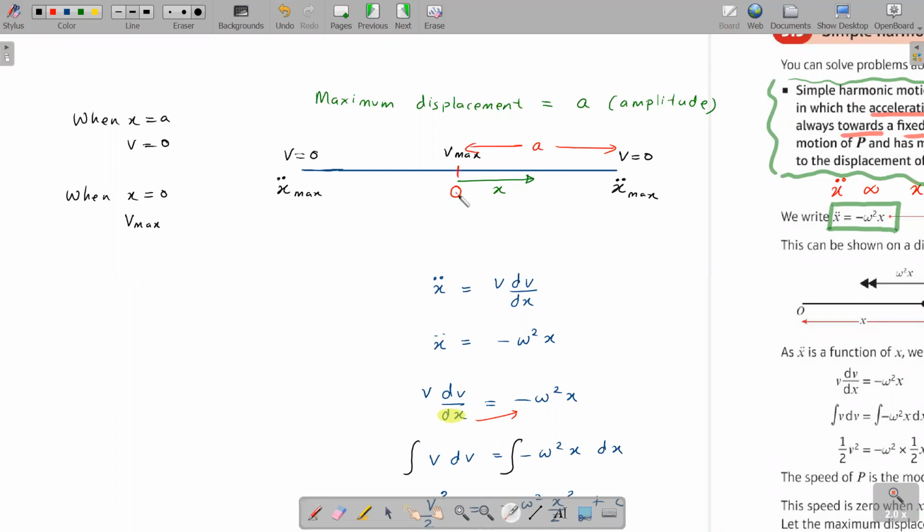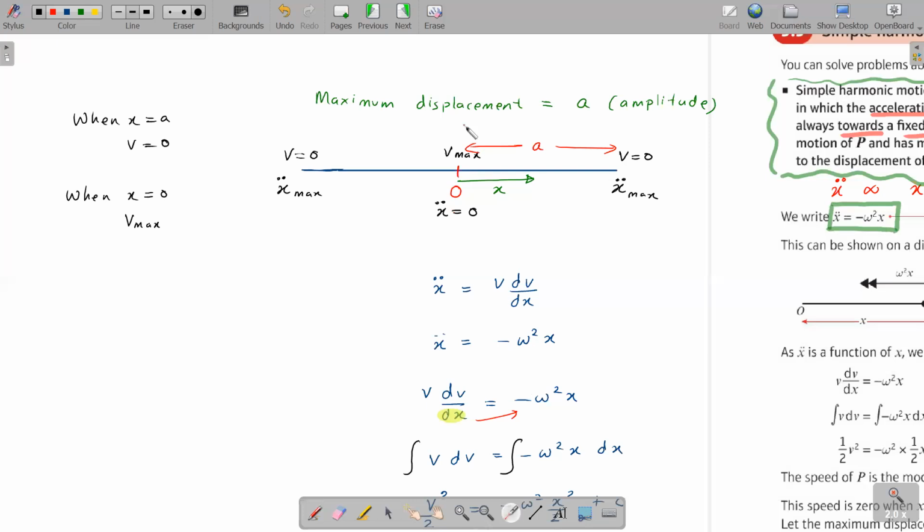Okay, and what happens at the center? At the center, you can see the displacement is 0. Also, you have reached the maximum velocity. If you recall the theories you've done before, when you reach maximum velocity, acceleration should be 0.